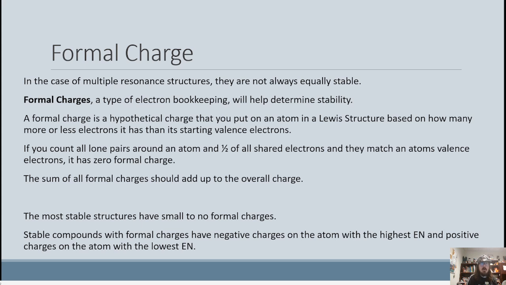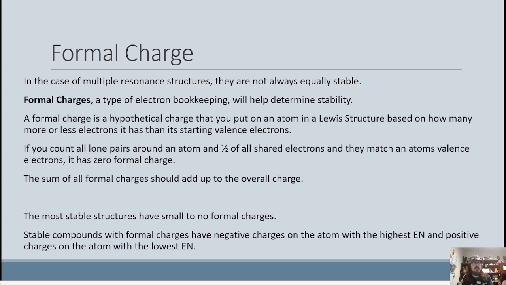But in general, the most stable structures that exist will have small to no formal charges present. If you can draw a structure without any formal charges, it is probably the stable resonance structure. When they have to have formal charges, because there's no way to draw it otherwise, anytime you can give the negative charges to the atoms with the highest electronegativity and the positive charges to the atoms with the lowest electronegativity, you get a more stable structure.